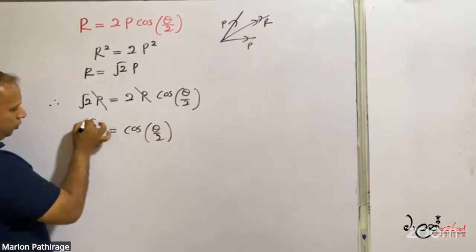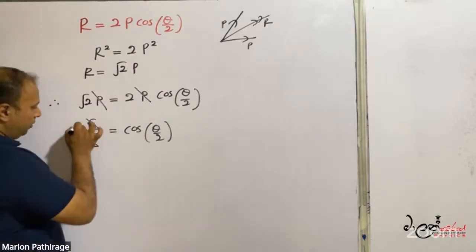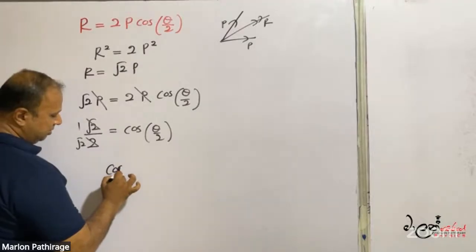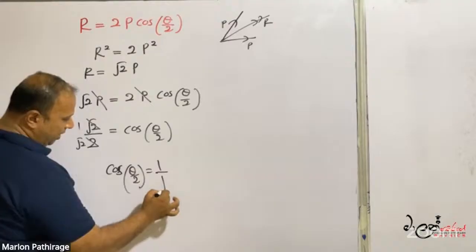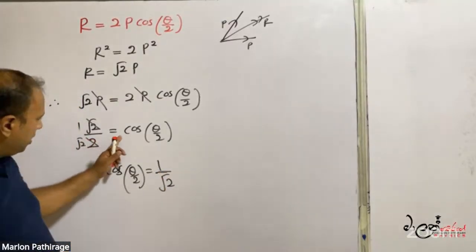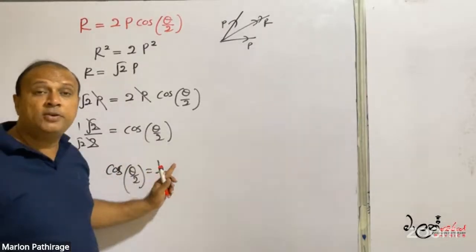Root 2 over 2 means 1 over root 2. Therefore cos theta over 2 is equal to 1 over root 2.